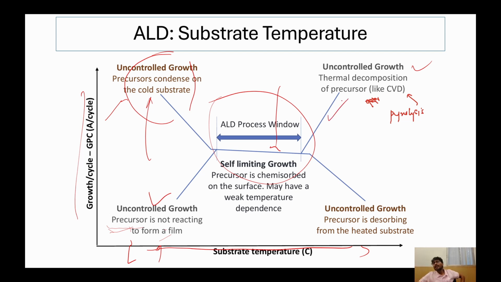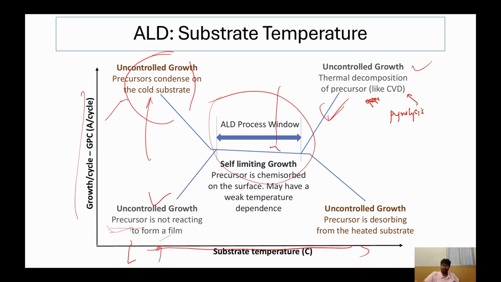The precursor can decompose, and if it decomposes, it settles over the substrate in solid form, and during the purge cycle it is not getting removed by the nitrogen. As soon as the oxidant comes, it reacts and settles over the substrate.